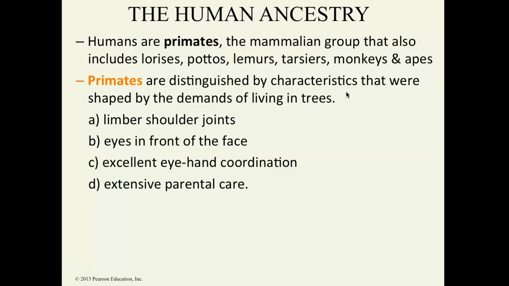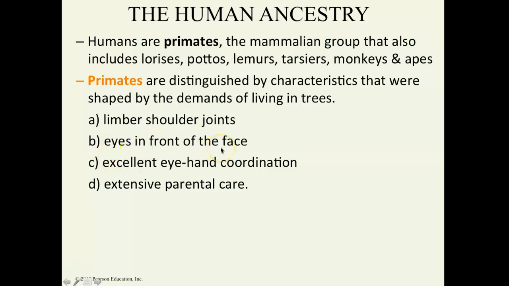So we've developed things like very limber shoulder joints, right? If you think about all the joints on your body, your shoulder is the most limber. You can move your arm around in really wide, big movements. And this is because to live in trees, we have to have very limber shoulder joints to hold on to branches and to sling from one area to another.